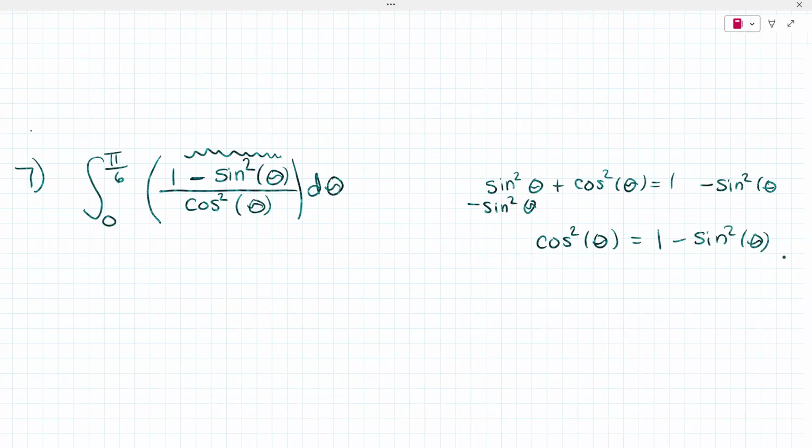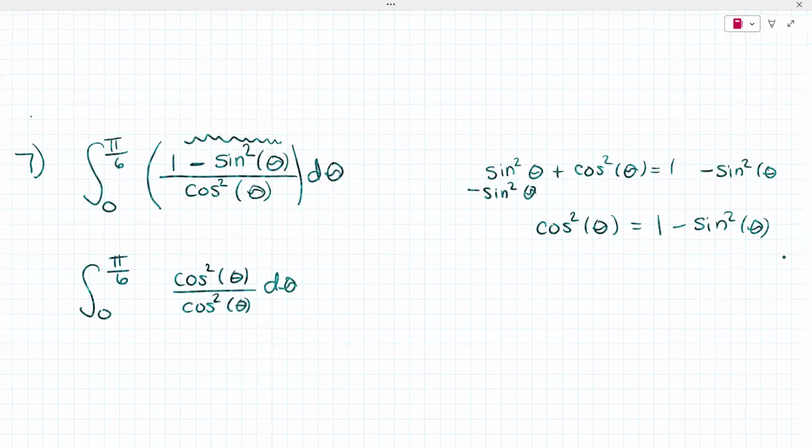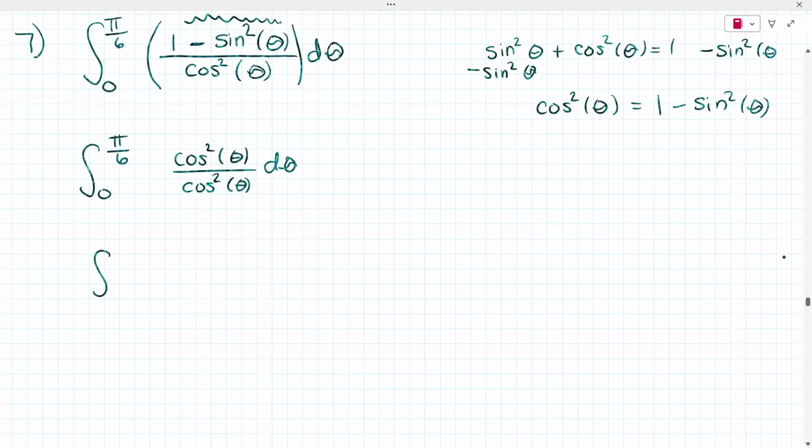So what you could do is replace this 1 minus sine squared theta with cosine squared theta. So this would be cosine squared theta over cosine squared theta d theta. So that becomes 1.